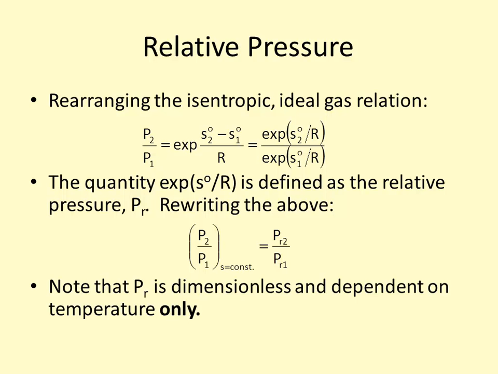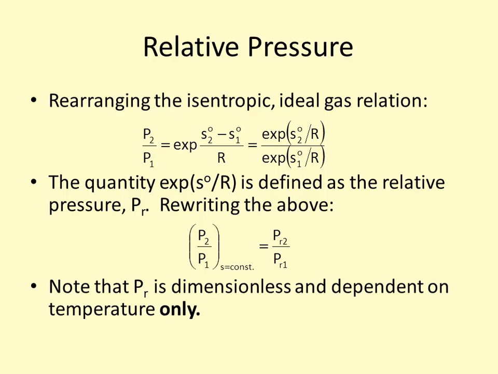Of each side, then we come up with this relationship where we deem this term here, S superscript 0 over R, we're going to now call the relative pressure. EXP? The exponent. It's like the inverse of the natural log.